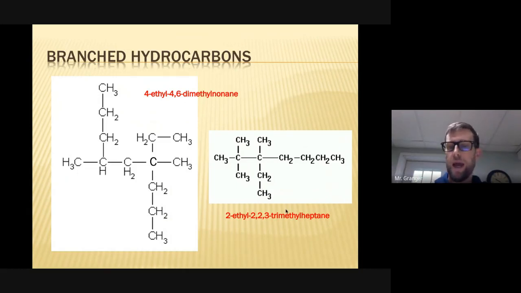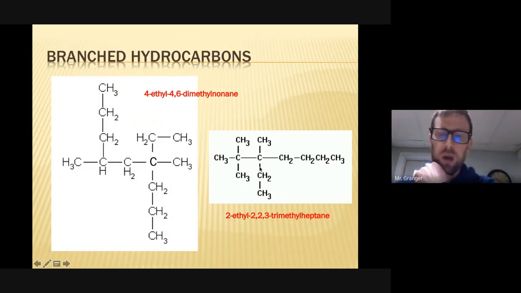We then have some branches. We have some small methyl branches or CH3 branches at carbon 2, 3, and then we also have the ethyl at carbon 2.